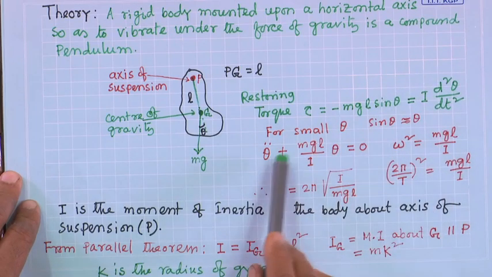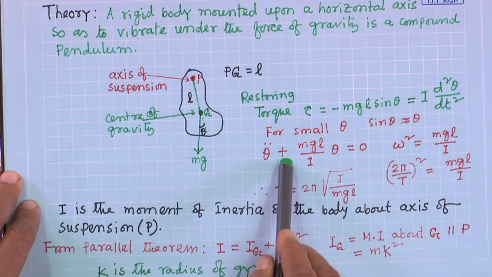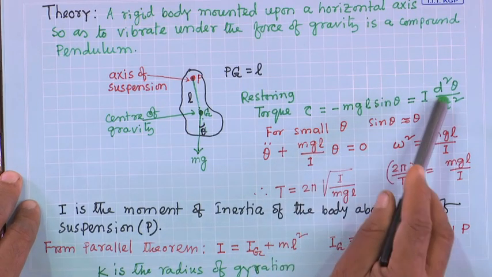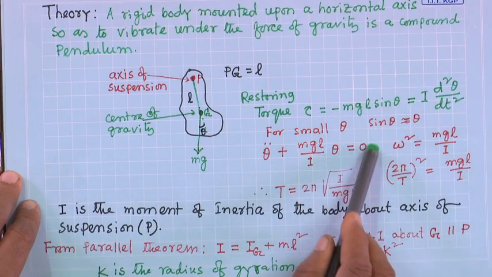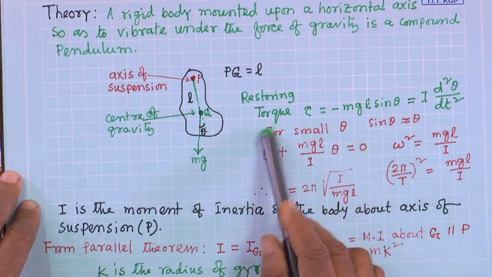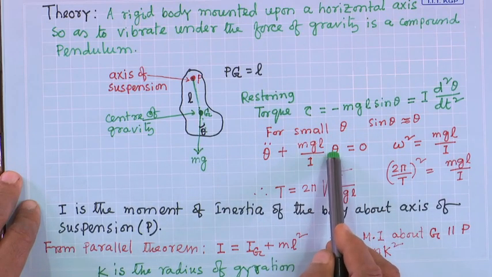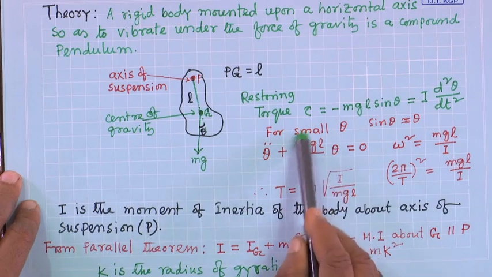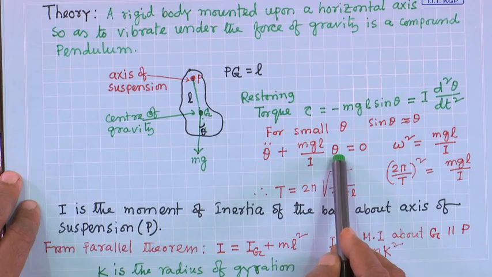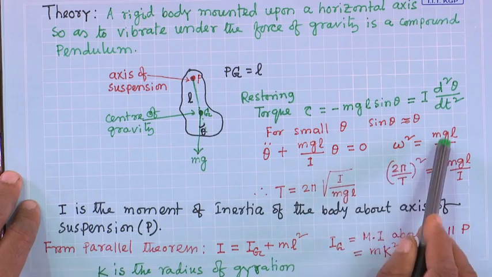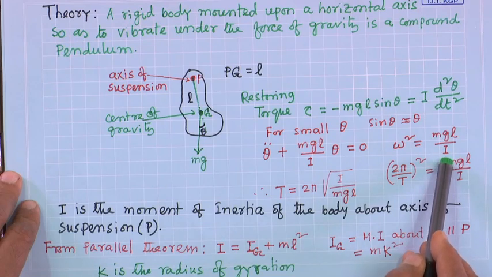So, the equation of motion is theta double dot plus mgl by I theta equal to 0. This is the differential form of simple harmonic motion, theta double dot plus omega square theta equal to 0. So, omega square is mgl by I.